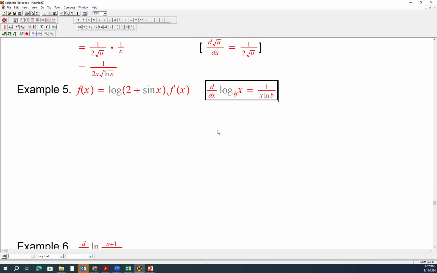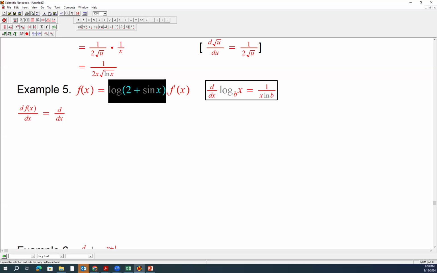This is the formula we're going to use. So we're going to take a derivative with respect to x, right? That means f of x is really the log of that.